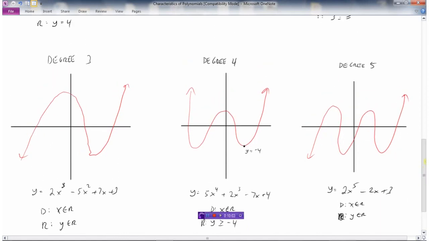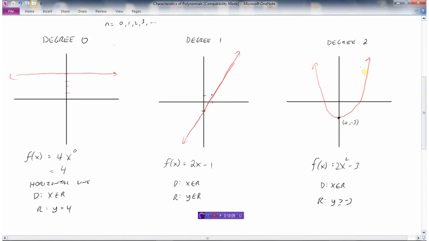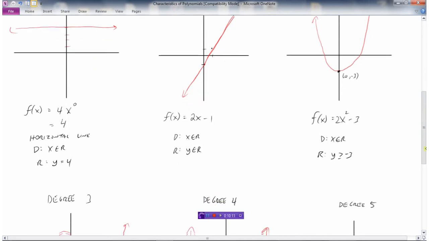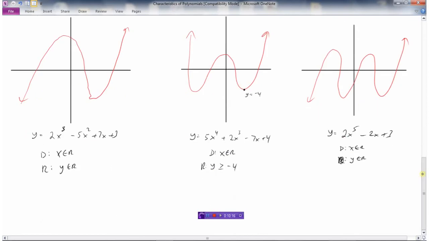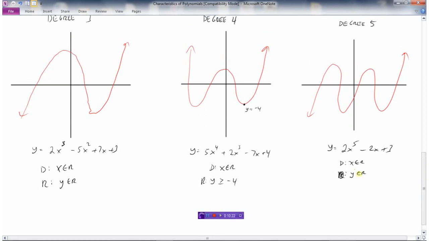But when we look at the even ones, like the parabola here, we have a range where y is greater than or equal to a certain number. And same thing here, the degree 4, y is greater than or equal to a certain number. And in all cases, in a polynomial function, the domain is all real numbers.